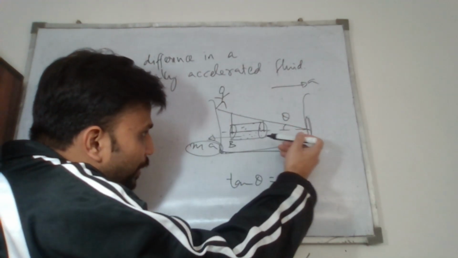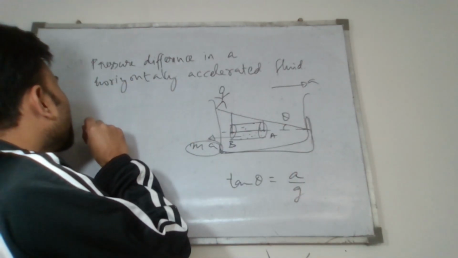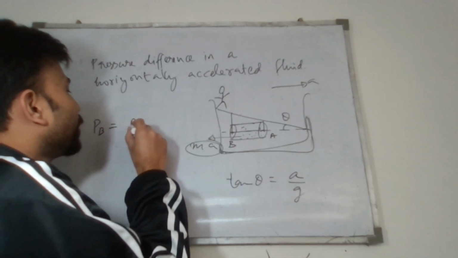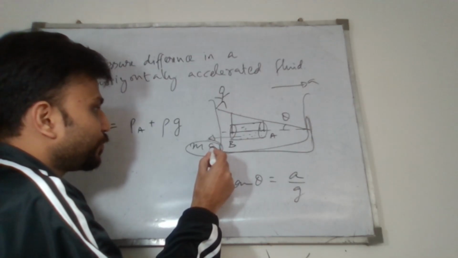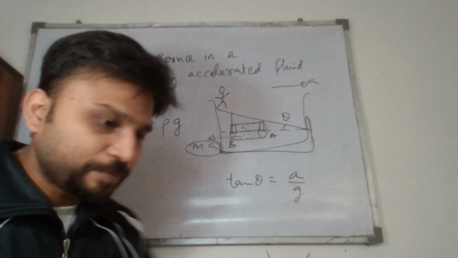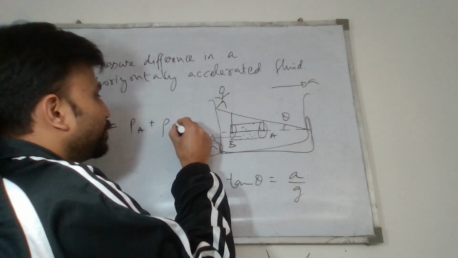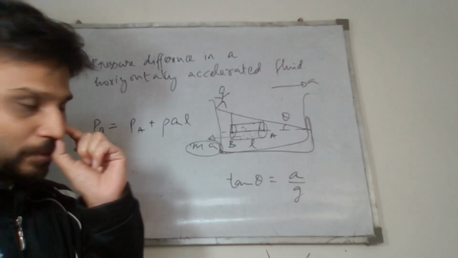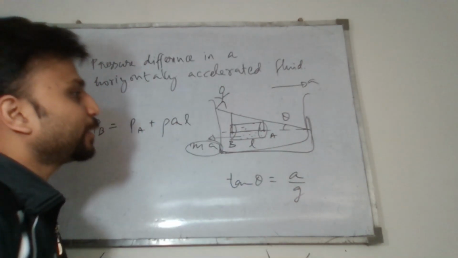And when we go in the direction of these forces, the pressure is increasing. That means the pressure at point B is more than the pressure at point A by the value rho a L, whatever the length is, let's say L. So rho a L is my pressure difference between points B and A.